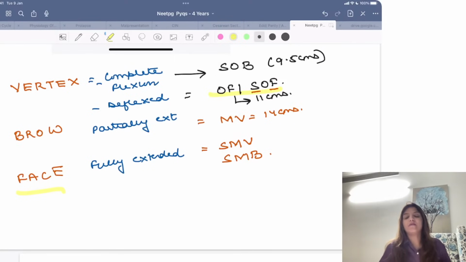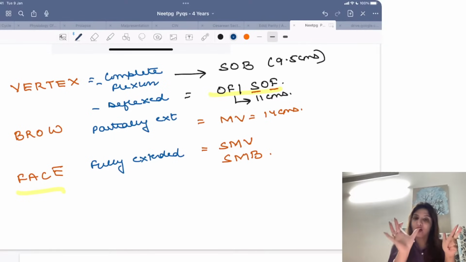What are the methods by which WHO recommends to prevent perineal tear? So WHO says to prevent perineal tear, there are 3-4 things which you should do. Number 1, you can give a perineal massage. Number 2, you can put a warm compress at the perineum. Number 3, you can support the perineum.